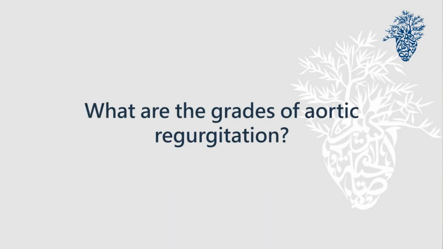Sometimes we perform what's called a transesophageal echocardiogram, and this is an echo performed through a scope from the back of the heart. This gives us excellent pictures, and it can accurately diagnose the mechanism of the leakage and also the severity.